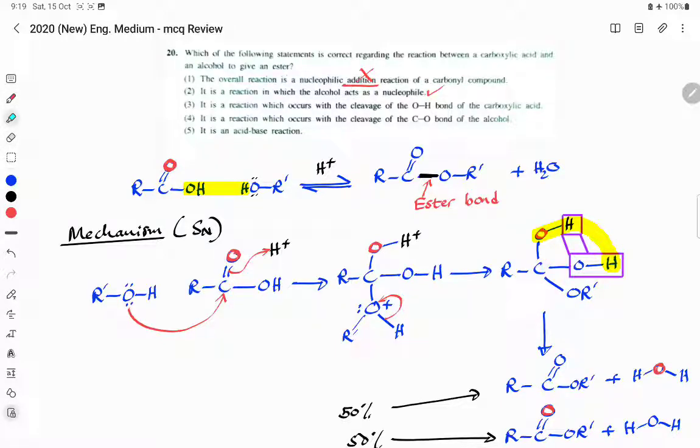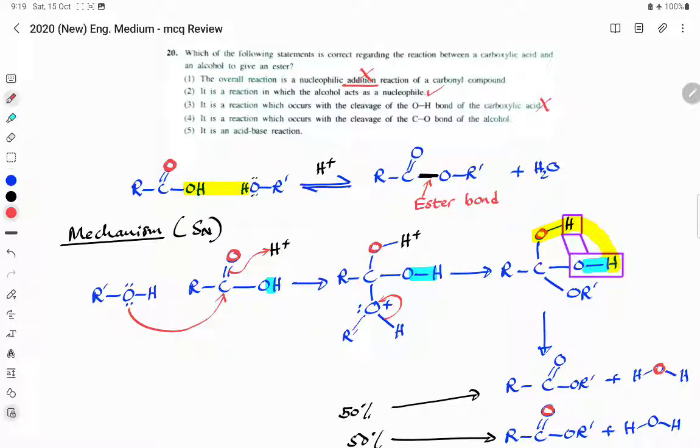The OH bond is this one here. The OH bond is broken only 50% of the time. Therefore, we cannot say it will always be broken like that. So this statement is not correct.